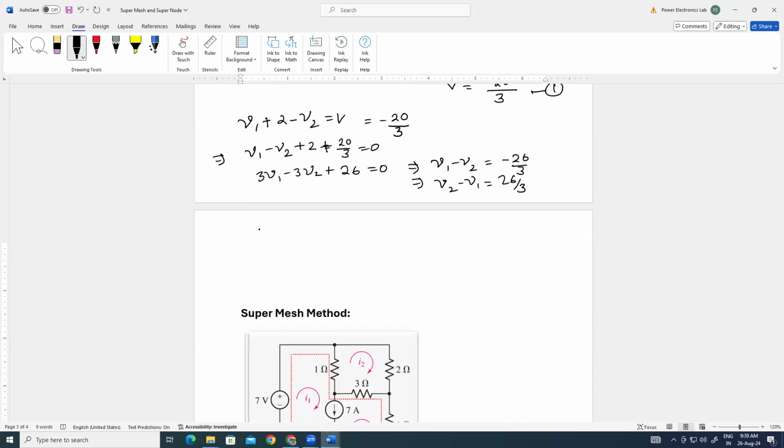So if we find out the value of I2, I2 is equal to V1 minus V2 by 10. So what will be the value of I2? V1 minus V2 is equal to minus 26 by 3. Minus 26 by 3 divided by 10, that is minus 2.6 by 3 ampere. That will be the value of I2.